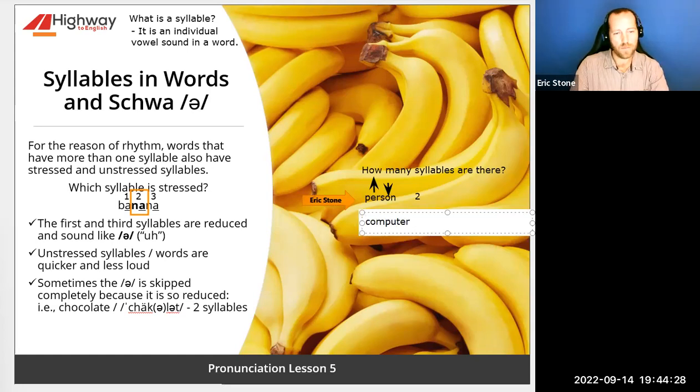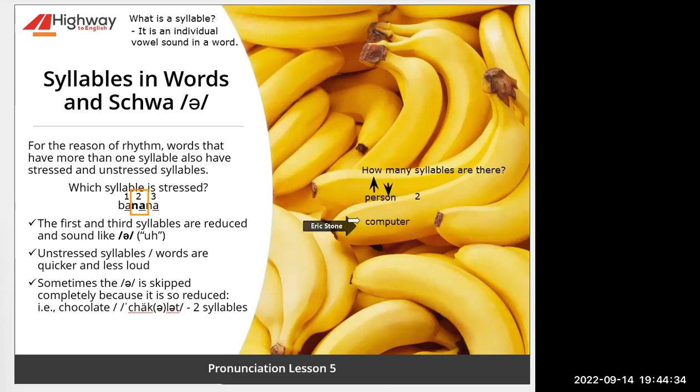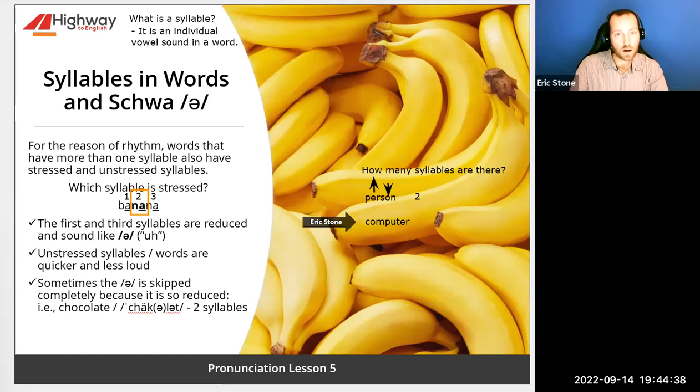How about this one? How about that word, Basima? How many syllables? It's like computer. It's 3 syllables. Not is, but are. There are 3 syllables, right? Is for 1. Are is more than 1. So there are 3. Good. And which syllable is stressed?